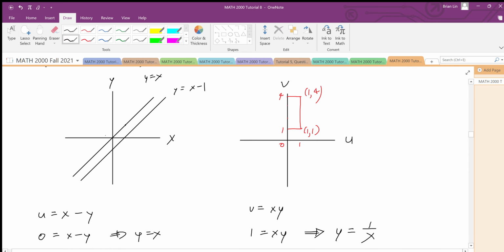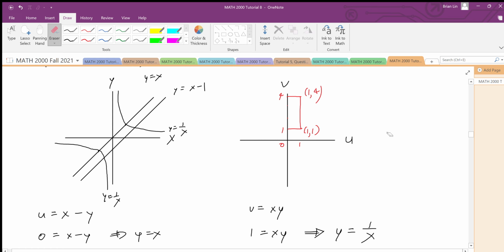And likewise I would need a point there. So it'll look something like this. So this will be y equals 1 over x, and this would be as well. So those two lines that you see there, that's what corresponds to v equals 1. That's this line, and that's that line.